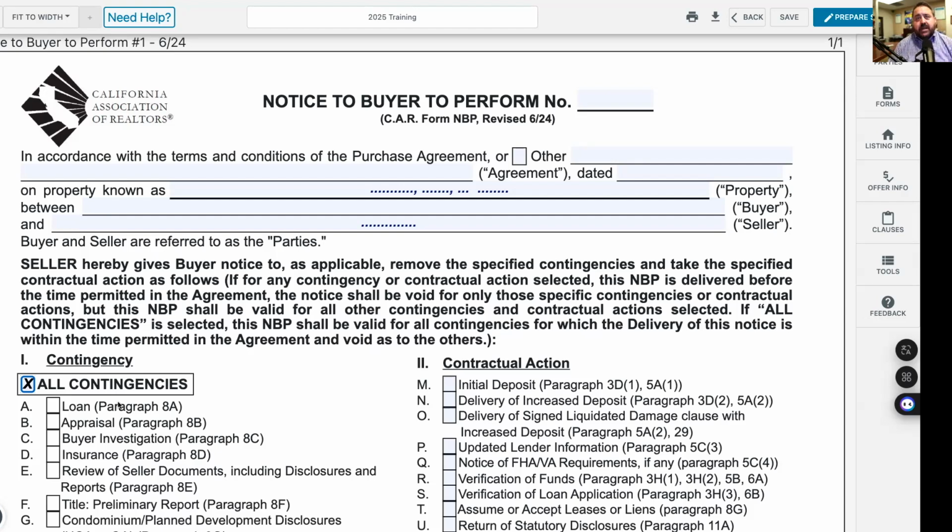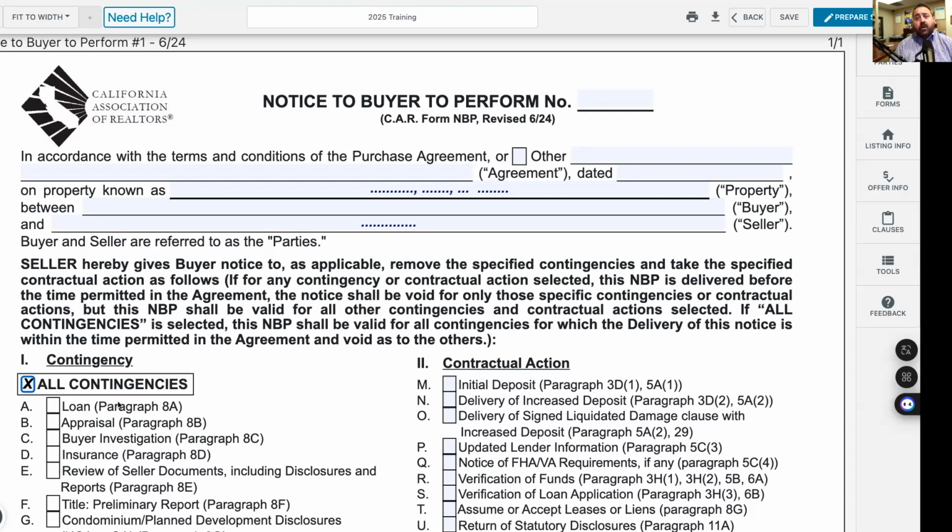If they don't at that point, then you would have the right starting the following day to be able to cancel. Okay? The other misconception is that if I don't cancel immediately after that 2-day period, I have to reset a notice to perform to do that. And that is not the case. We have double checked with CAR, and CAR said, once you send it, until that transaction closes, you can cancel based on that lack of performance.